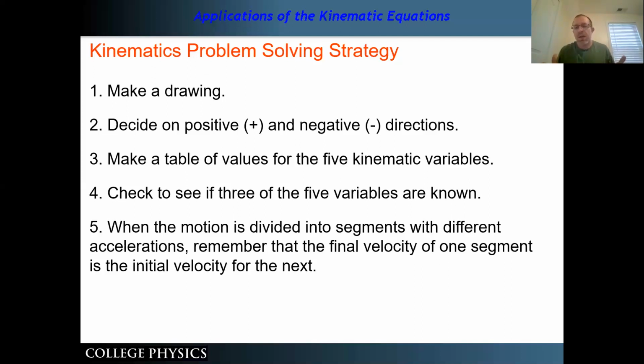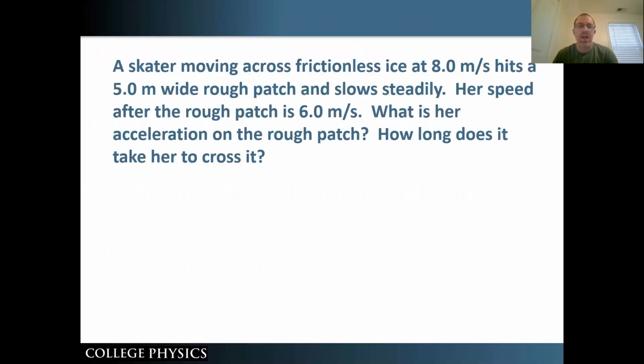So maybe we've got a runner that speeds up at an acceleration of 2 meters per second squared, and then the runner runs at constant speed after that. If that were the case, we would have to analyze those 2 segments that have different accelerations piece by piece individually.